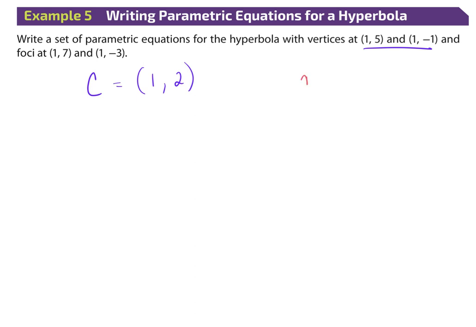My C is how far away the foci are from my center. So center is going to tell me my A value if I have my vertices, and my foci will tell me my C value. Well, how far away from center am I moving to my vertices? I'm moving 3 away, right? 2 plus 3 is 5. 2 minus 3 is -1. That's my A.